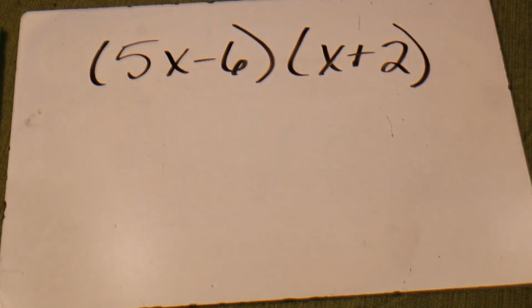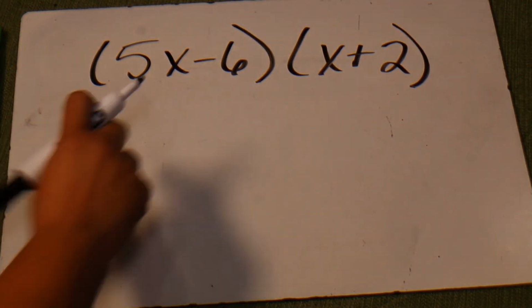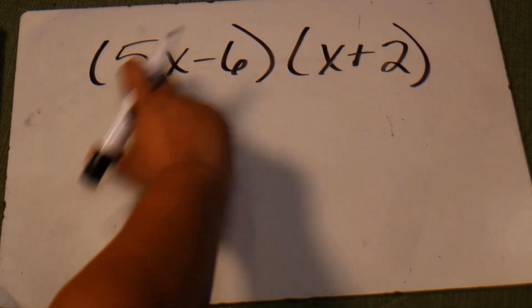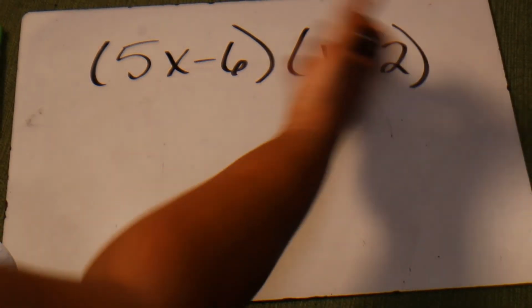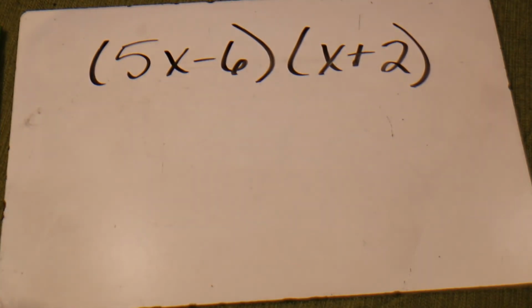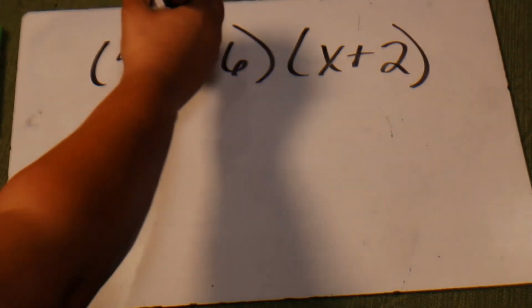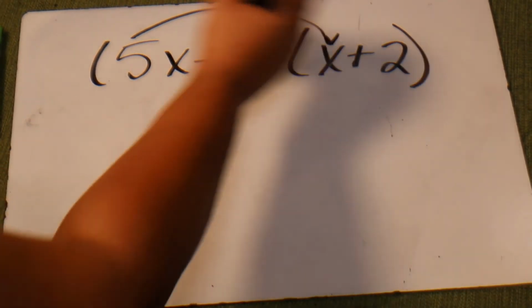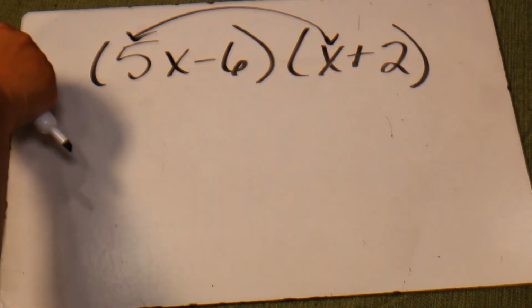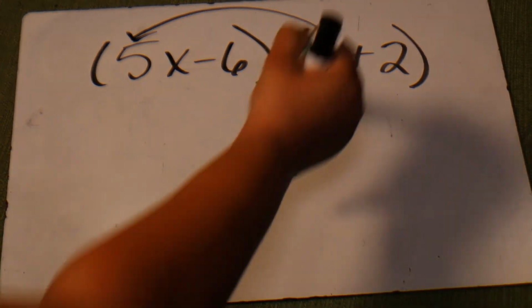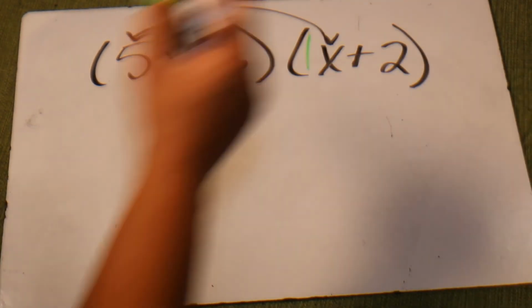I think it threw everyone for a loop because the numbers are different in both, and it has a 5 here and doesn't have a number here. Okay, so we're going to do the first, and we have 5x times x. So I'm going to write that imaginary 1 here to help guide us a little bit.